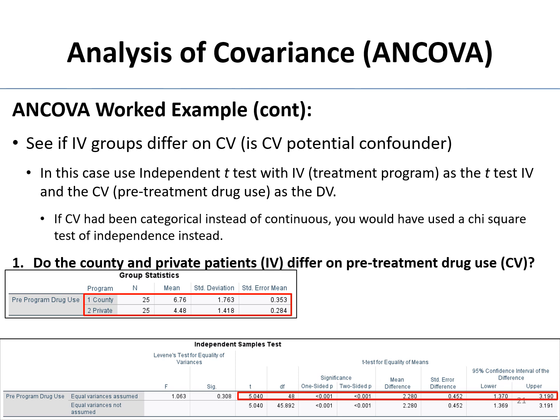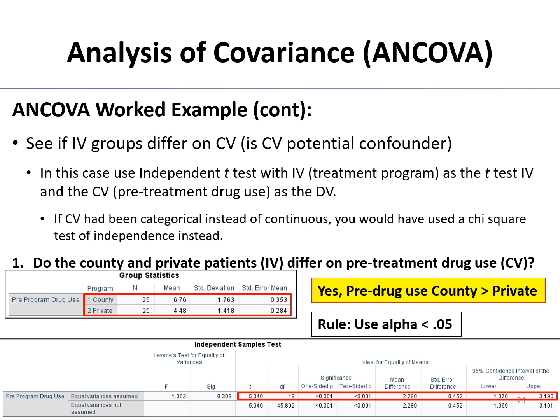So then we look at the sig for our test for equality of means. Technically, this is a two-tailed test. We just want to know, do they differ, which is a two-tailed hypothesis. And sig is less than 0.05, which tells us, yes, those two means differ. And in fact, our conclusion, using alpha of 0.05, is that the pre-drug use for county was higher than pre-drug use for private.